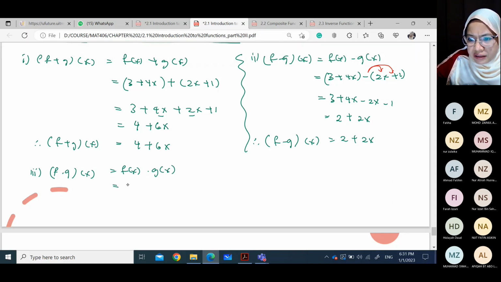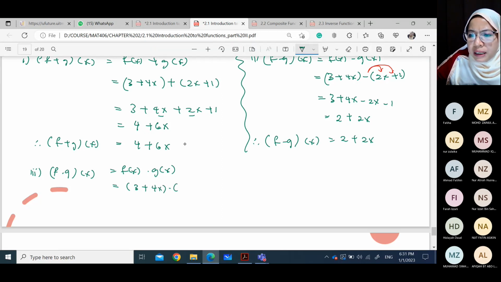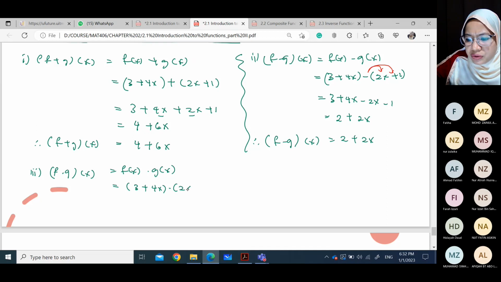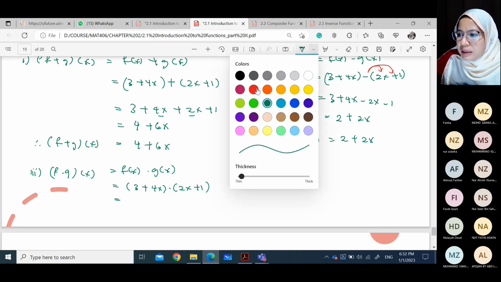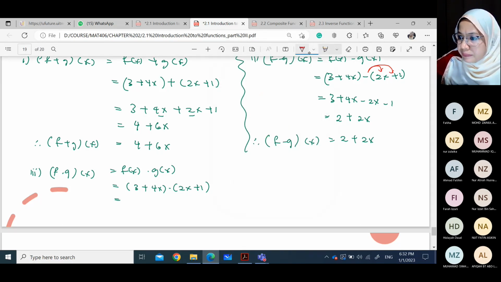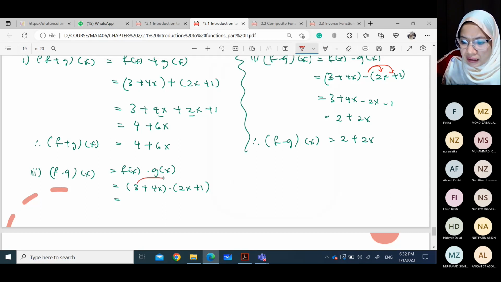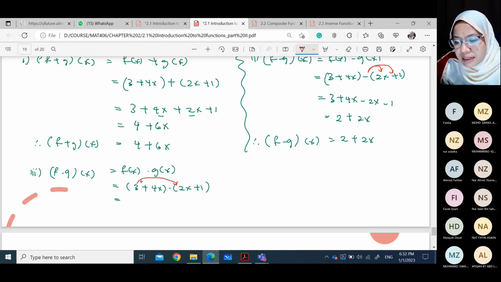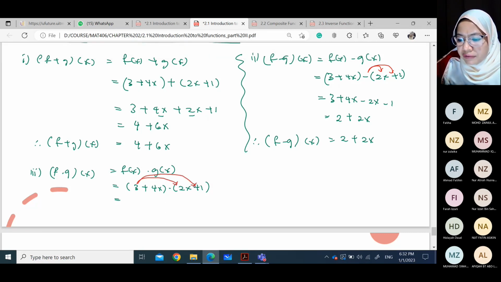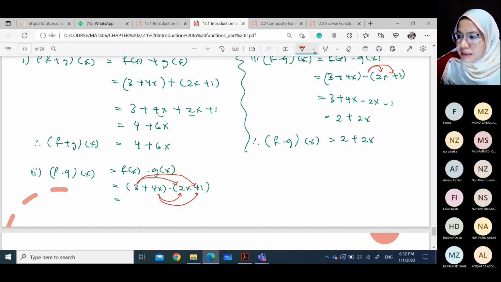So function f is 3 plus 4x, multiply with g. So g is 2x plus 1. So yang ni kena darabkan lah. So cara darabnya adalah darabkan: 3 times 2x, we have 6x. So 3 times 1, we have 3. So yang ni 4x times 2x, we have 8x squared. So 4x times 1, we have 4x.